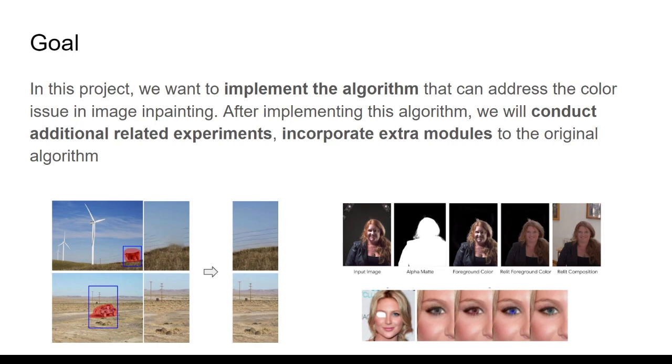Let's look at the bottom picture. In this case, it is hard for the model to learn color information of the missing part. Thus, the result of the model would be weird. The color of two eyes would be inconsistent.